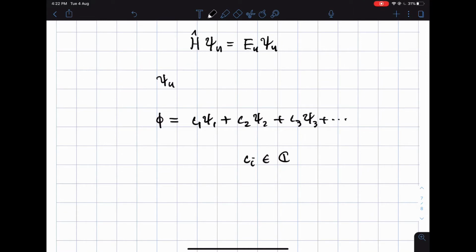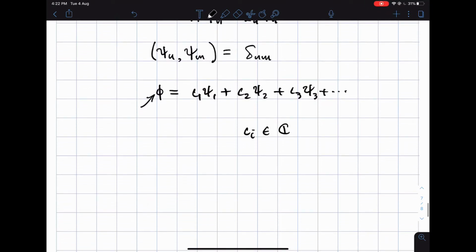So this linear combination, phi, is also a solution to Schrödinger's equation. Furthermore, let's assume that we have normalized psi n's. In other words, the inner product of psi n and psi m gives delta nm.